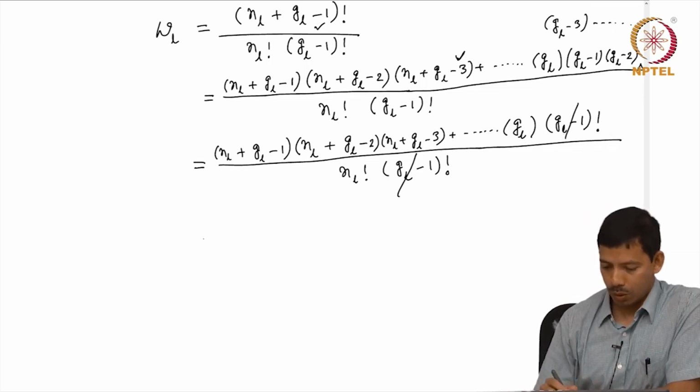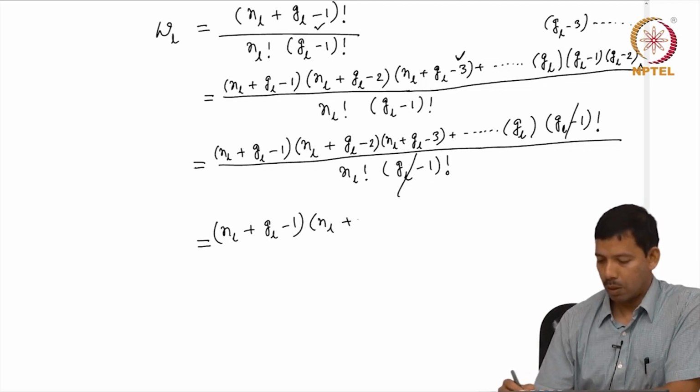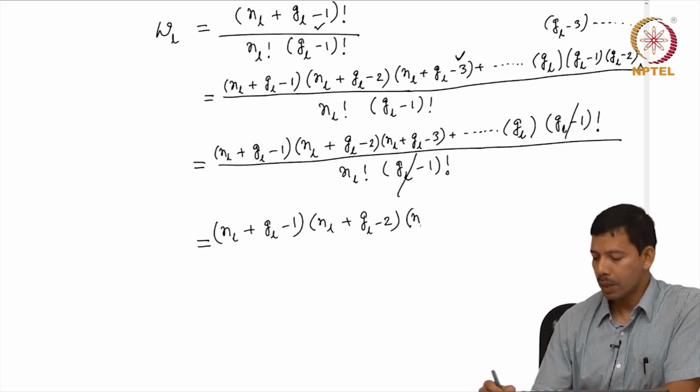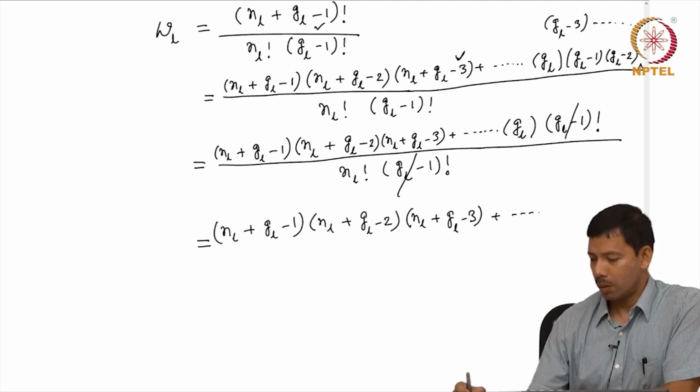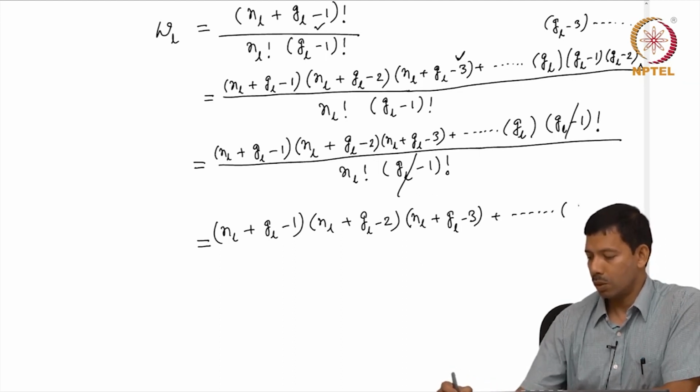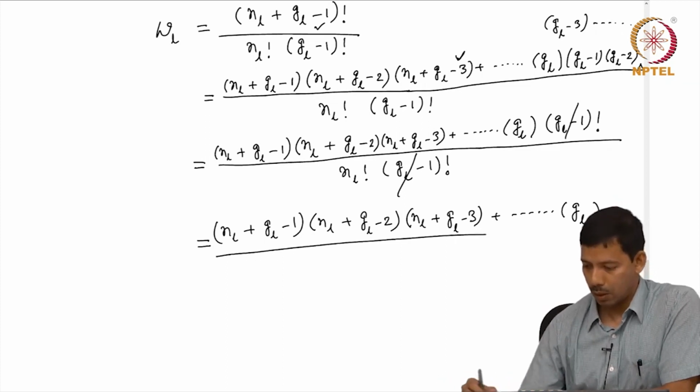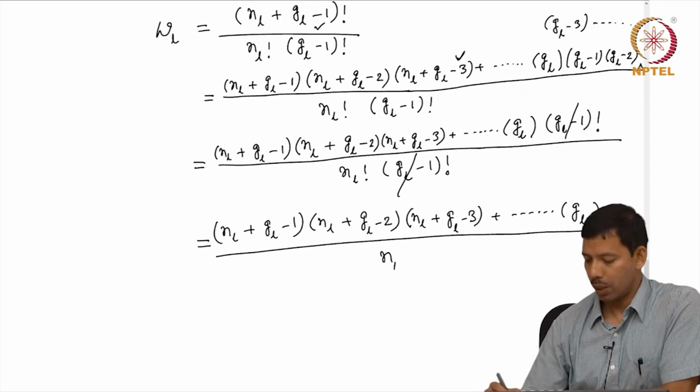So what we get is NL plus GL minus 1, NL plus GL minus 2, NL plus GL minus 3, plus the series goes on till GL, divided by NL factorial alone.